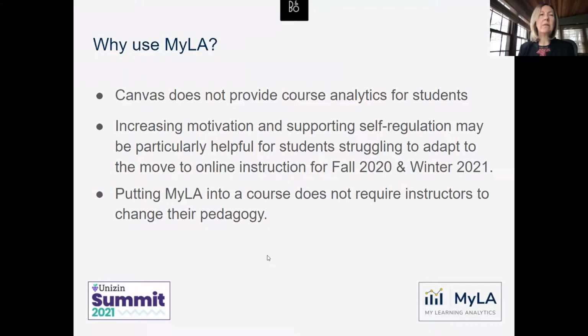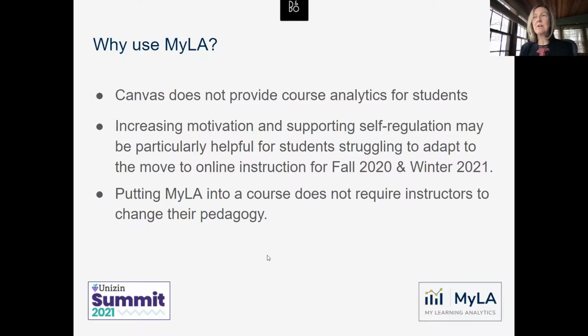So here's a question: why would I turn it on? Why do I want to do this? The first reason is easy: there isn't any other analytics for students if you're a Canvas-using school. The other reason, I think, especially these last couple of terms where everyone's been online, is can it help students track what they're doing? Can it help the students who are struggling?